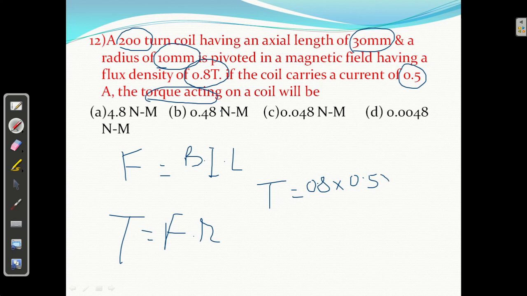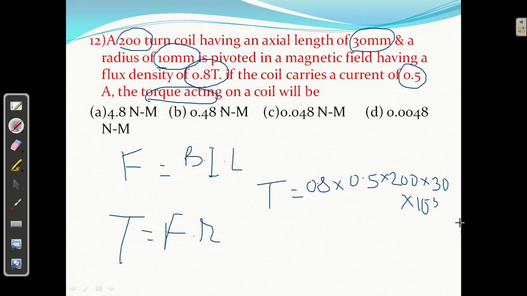So this 30 mm is the length of one turn, and there are 200 turns, so 200 into 30. Now 30 mm I don't want in mm, I want in meter, so 10 raised to power minus 3. That is what F is.